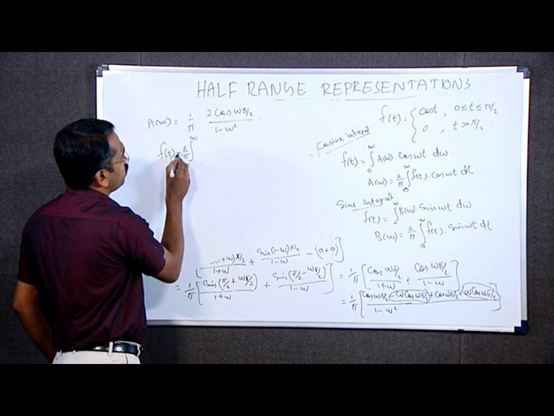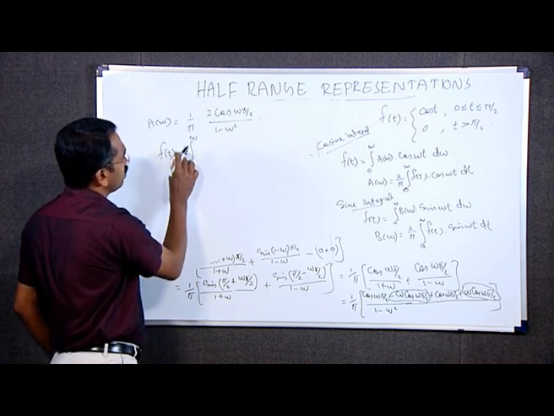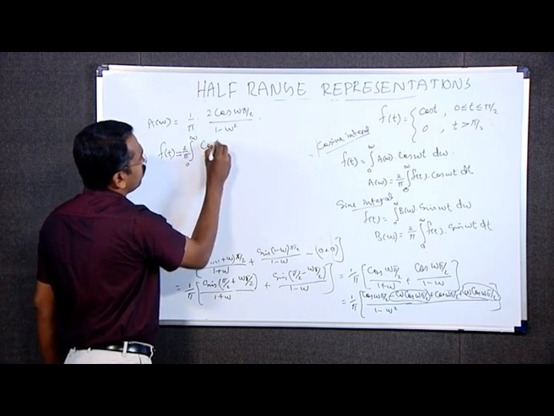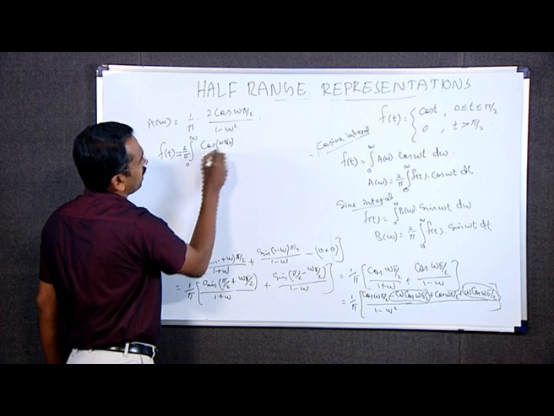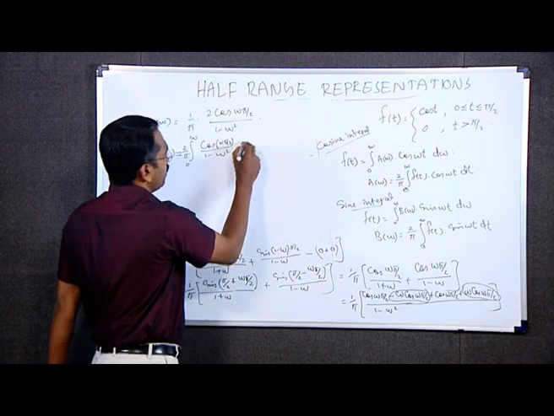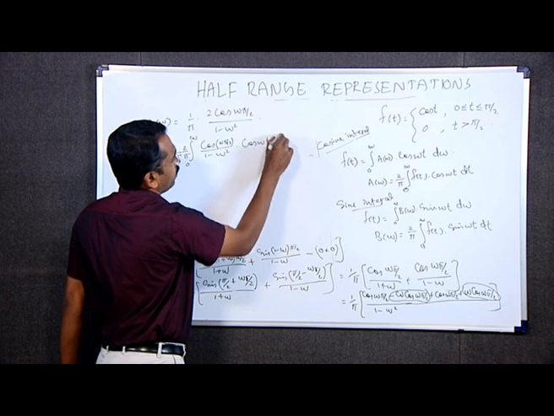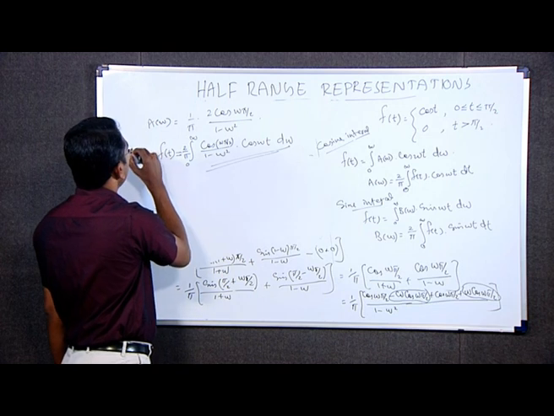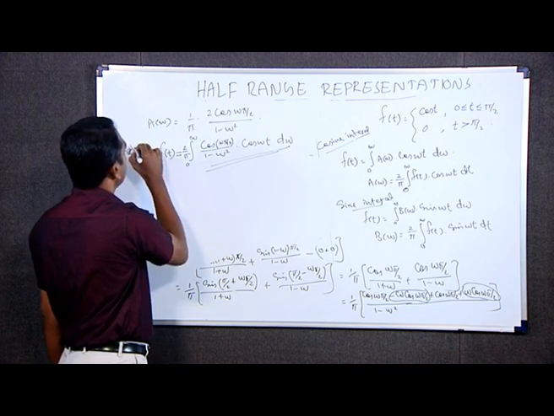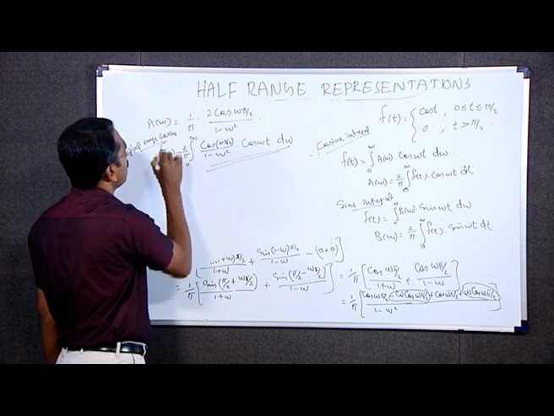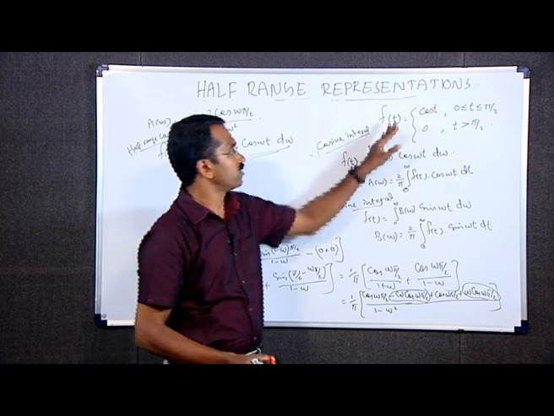Therefore, f of t equal to 2 by pi into integral from 0 to infinity cos omega pi by 2, here omega pi by 2 is the angle, divided by 1 minus omega square into cos omega t d omega. This is the Fourier cosine integral representation or half range cosine representation of this function.